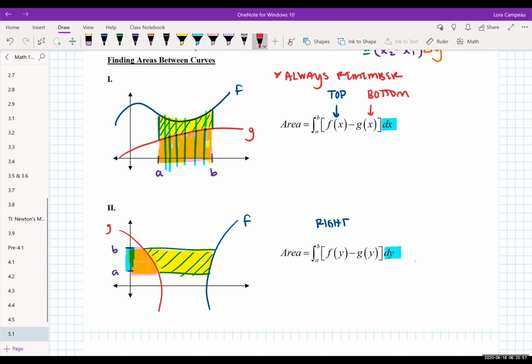I know we could probably do this without the TI, but might as well utilize the technology. So let me type in f of x. That's x squared minus 4x, I know it's a parabola. And then we'll also type in the g of x, which is 2x. It's nice, everyone's in terms of x. I assume we have a standard viewing window.